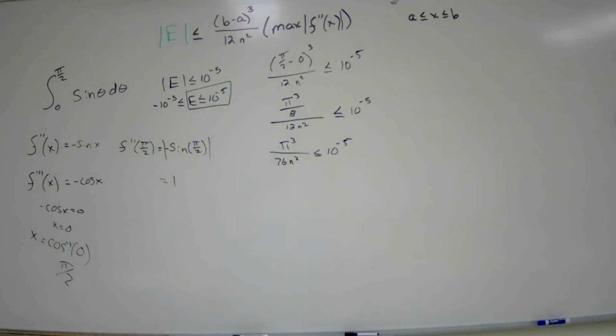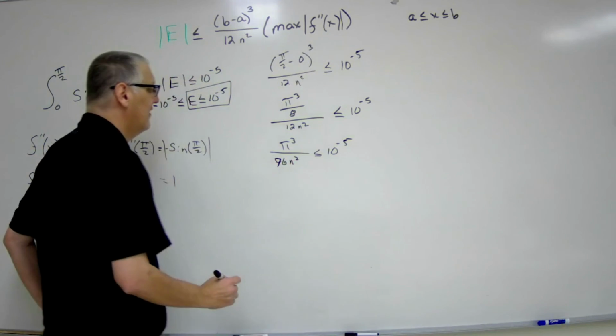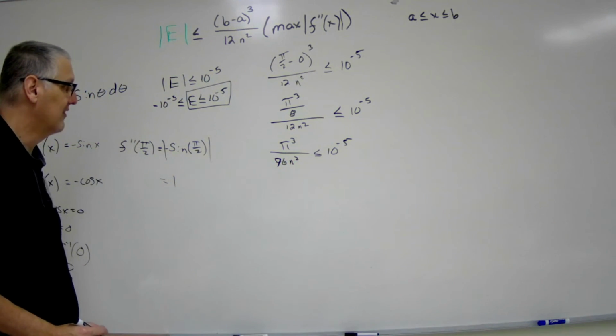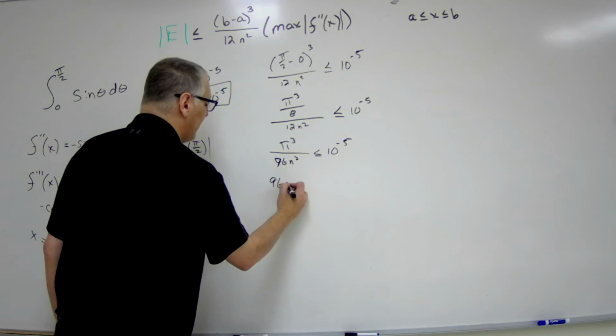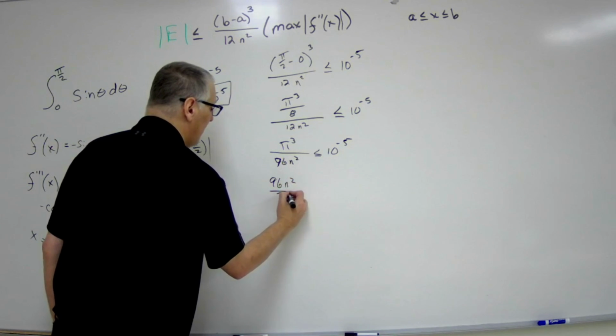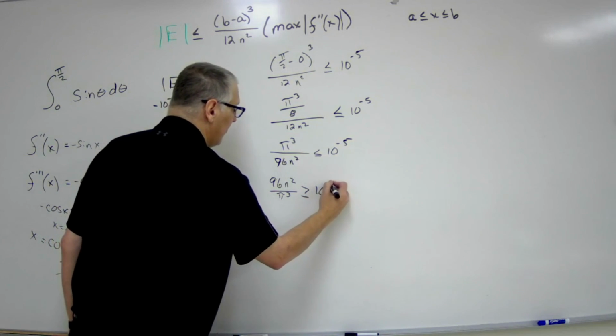76. 96. I can't arithmetic either. 96. Alright. 96. Take the reciprocal of both sides. 96 n squared over pi cubed is greater than or equal to 10 to the 5th.